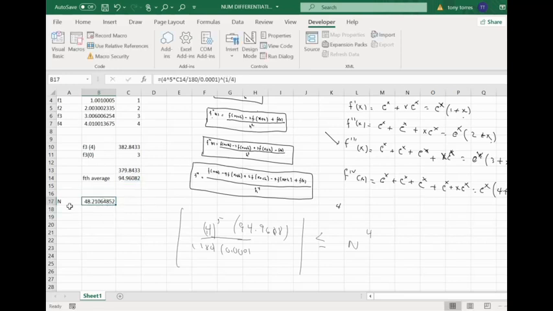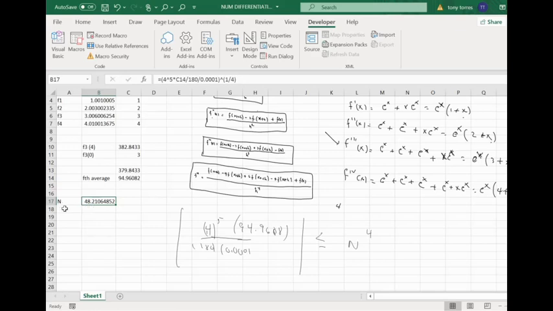Wow, that's a big N for that. Yes, it is a big N indeed. Basically, remember, I want the truncation error to be less than 0.0001. That means that if I use 48, I will not get that, but if I use 50, I will.